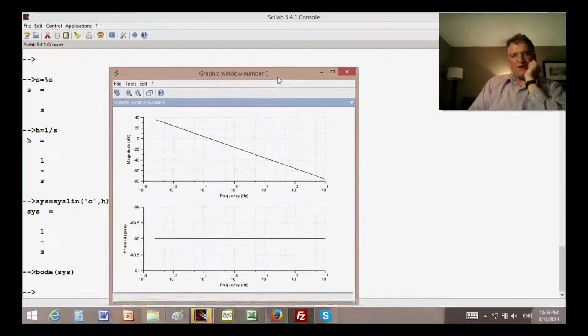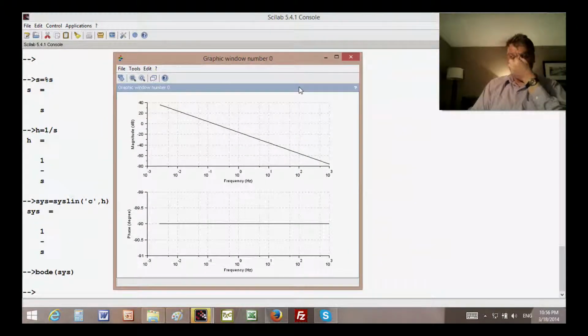When you look at this plot, you notice one thing. Actually, I guess we do see this 1:1 slope.